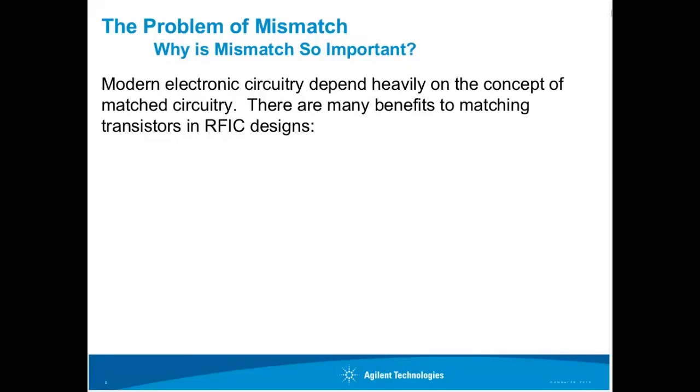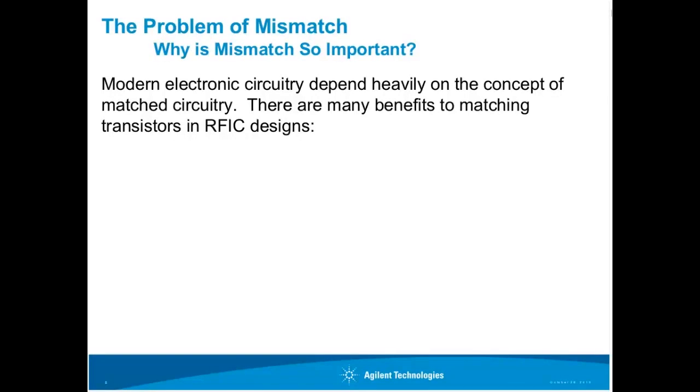As a result of these two facts, many, if not most, of the circuits that have been developed for silicon IC technology have been based on the concept of matched transistors, either two transistors or a set of transistors matched together.